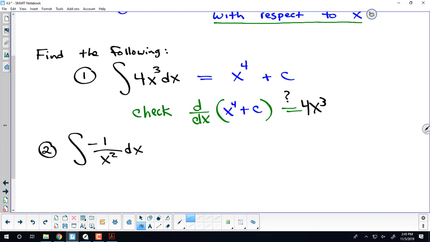In other words, what function do we take the derivative of to get -1 over x squared? 1 over x, what do y'all think? Derivative of 1 over x is -1 over x squared. So don't forget your plus c.